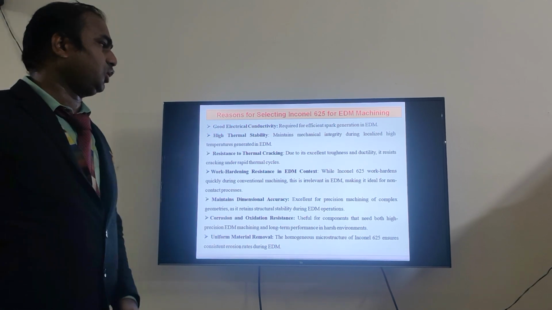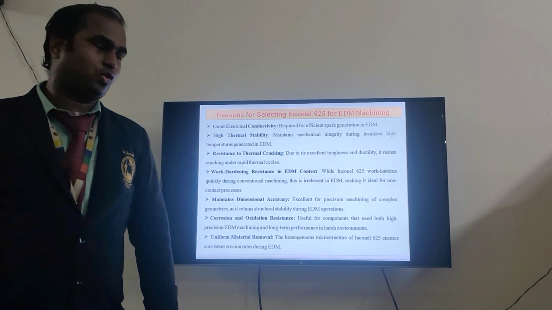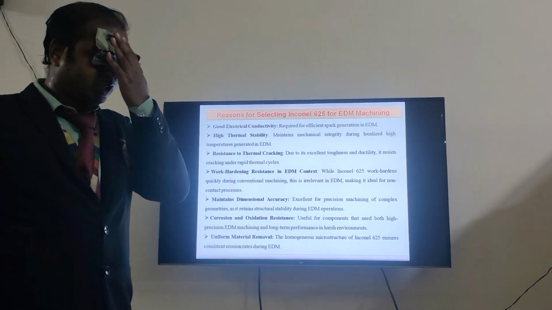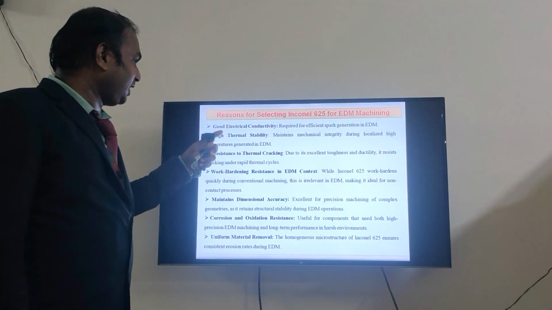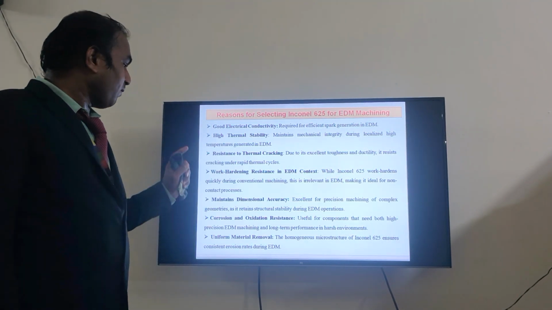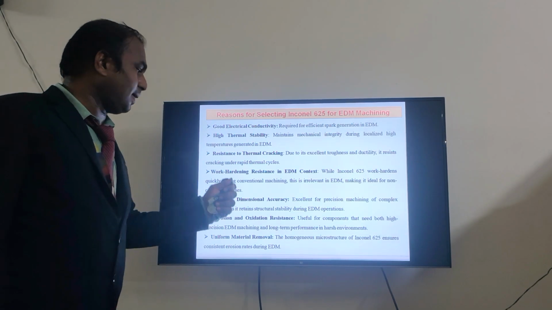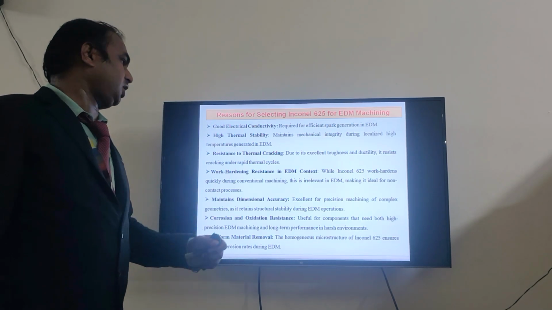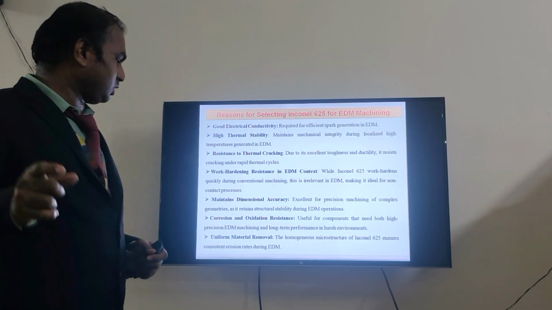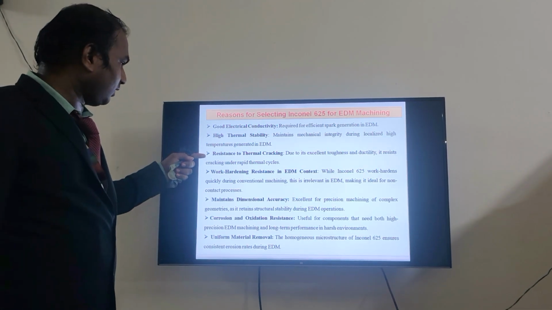So why are we going to select Inconel 625? These are the important factors while choosing Inconel 625: electrical conductivity, high thermal stability, resistance to thermal cracking, work hardening resistance, machining dimensional accuracy, and uniform material removal rate. Among these factors, the most important reason for selecting it is the resistance to thermal cracking.